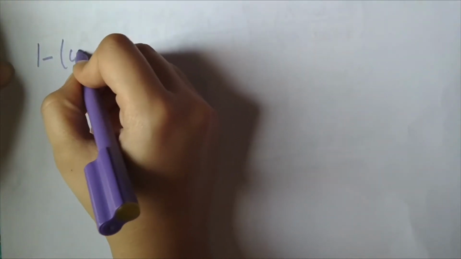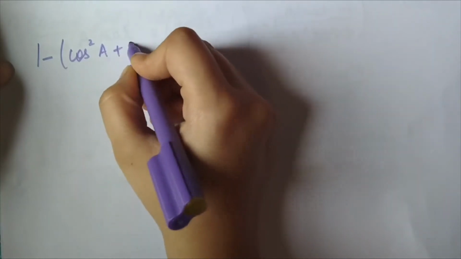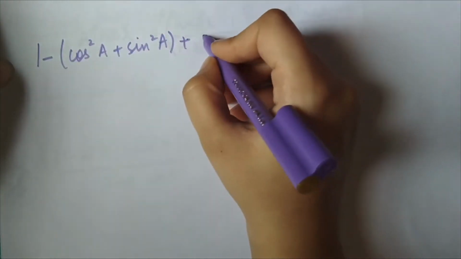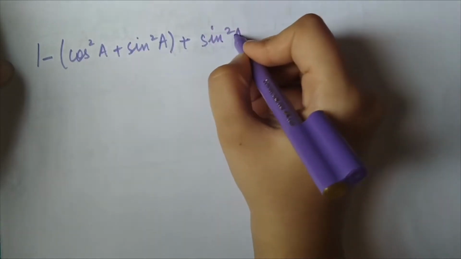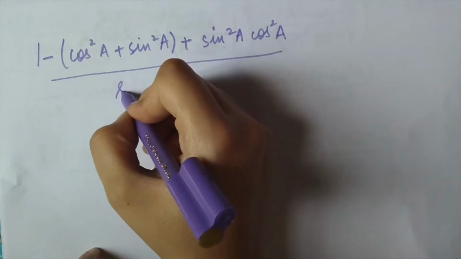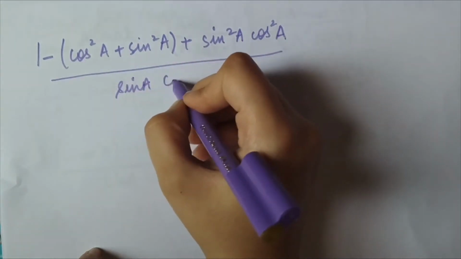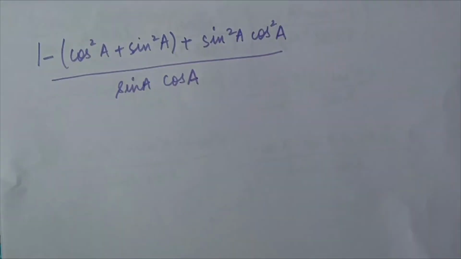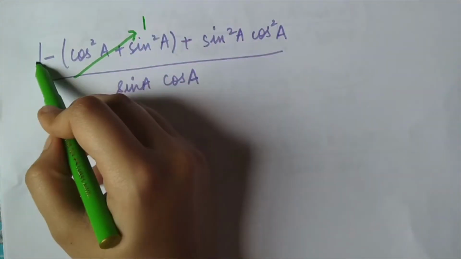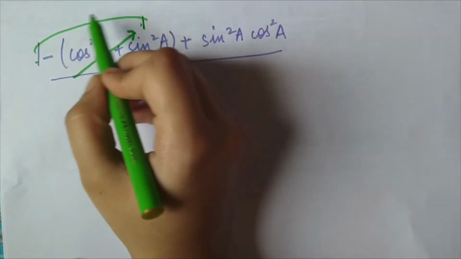So what we are left with is 1 minus cos square A plus sine square A, plus sine square A cos square A, divided by sine of A cos of A. Using the property, we know that cos square A plus sine square A is 1, and 1 minus 1 is 0.